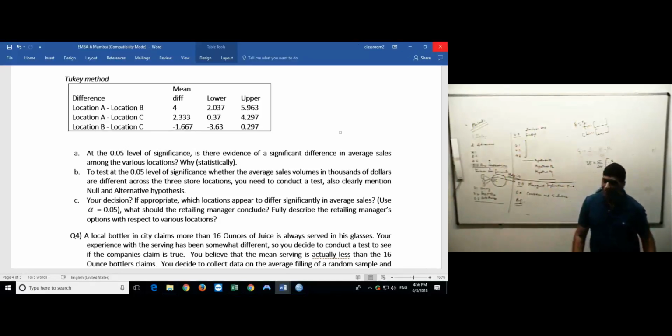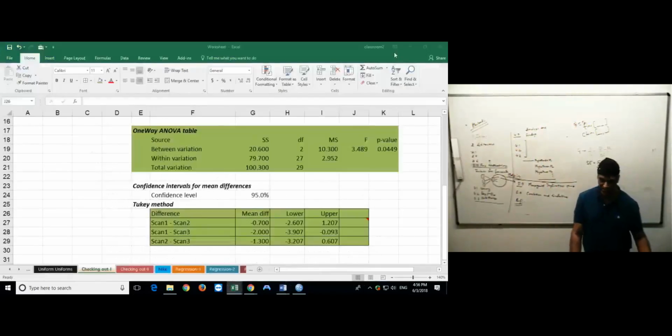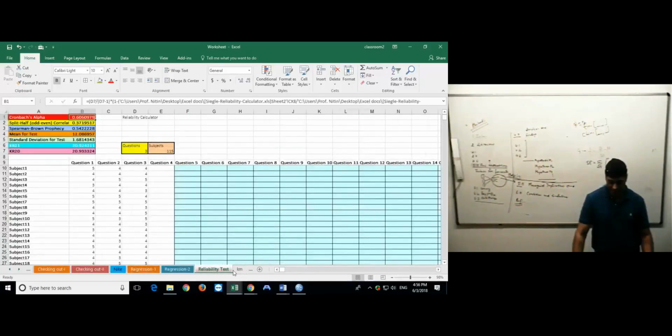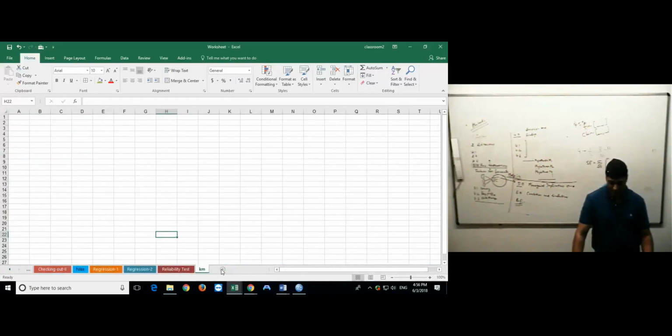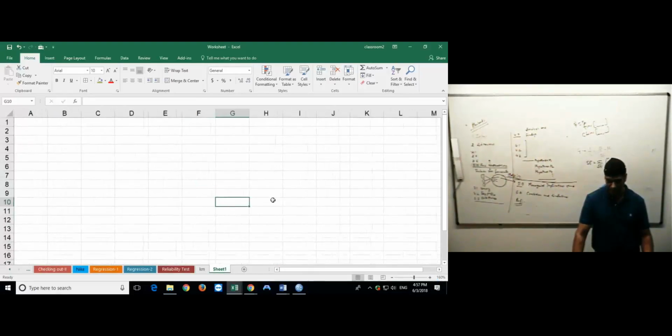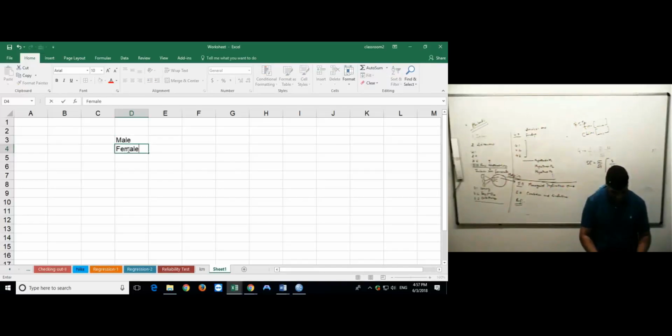Okay guys, I'll do one chi-square test as well. I'll do one chi-square test now. Ms. Bindu, can you frame any question wherein male and female have a difference of opinion?